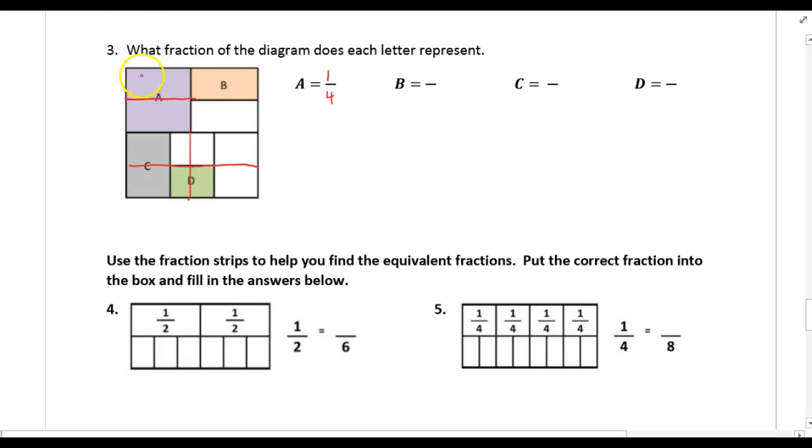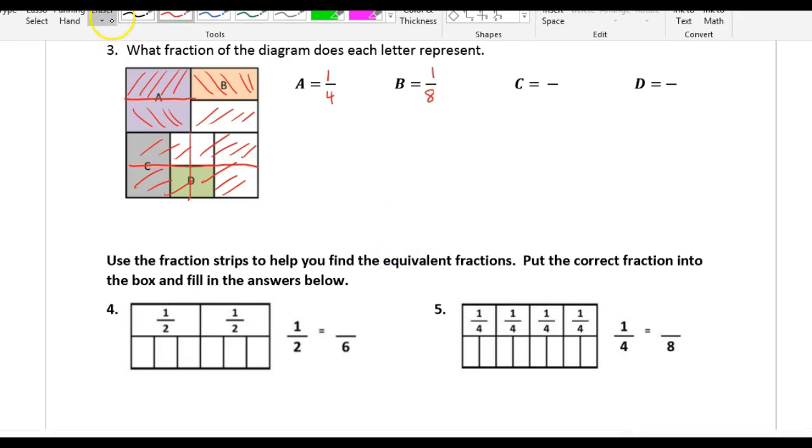If you look, I have 1 block, 2 blocks, 3, 4, 5, 6, 7, and 8. So there I'm able to make 8 equal B boxes inside that. Well, B covers 1/8 of those. Okay?